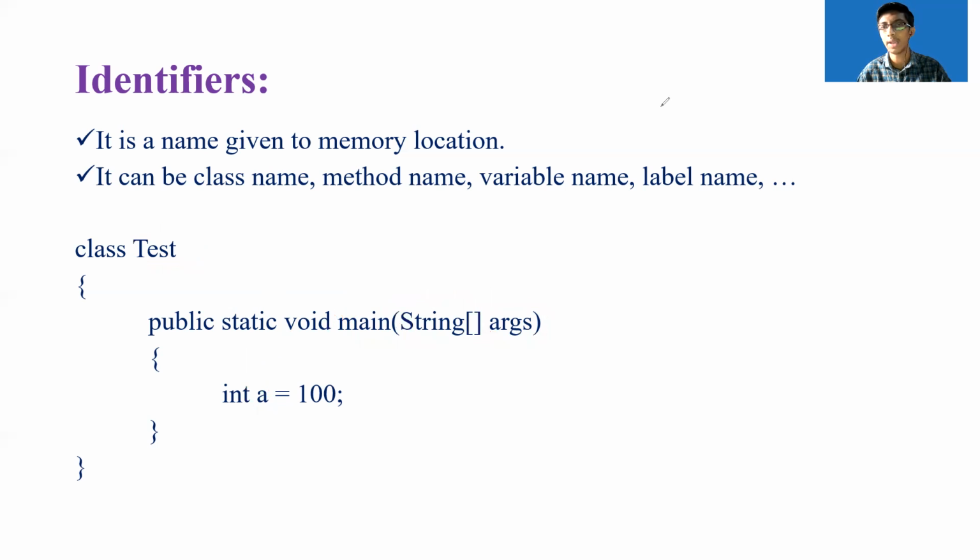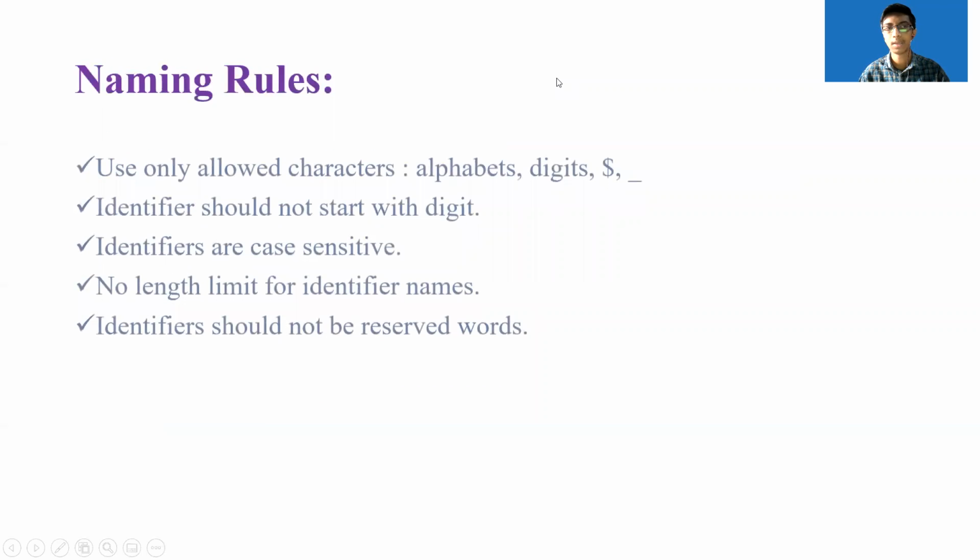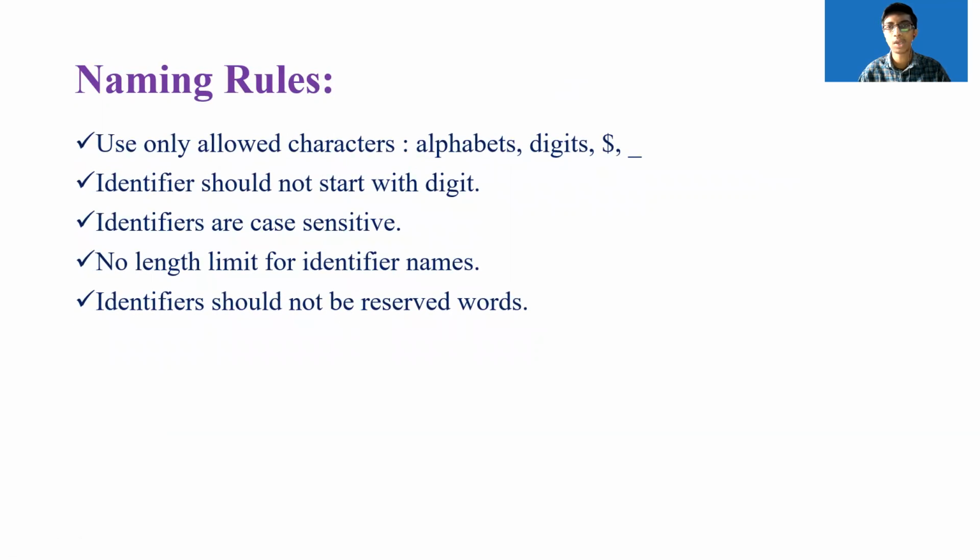Now let's see the naming rules for them. You need to use only the allowed characters: alphabets, both uppercase and lowercase, digits meaning 0 to 9, and two symbols, the dollar symbol and the underscore symbol.